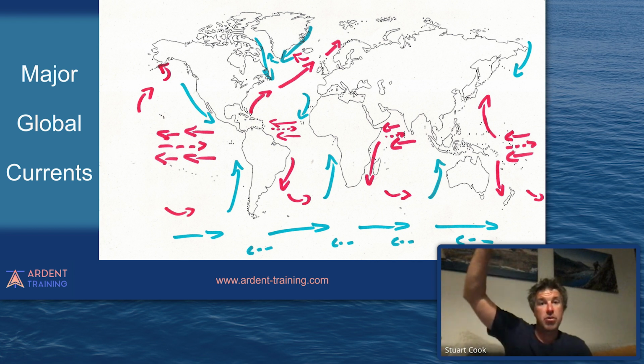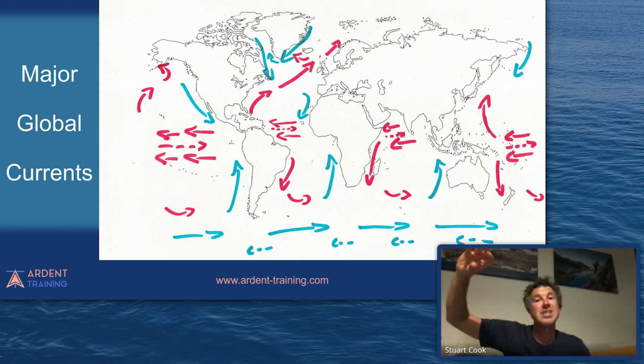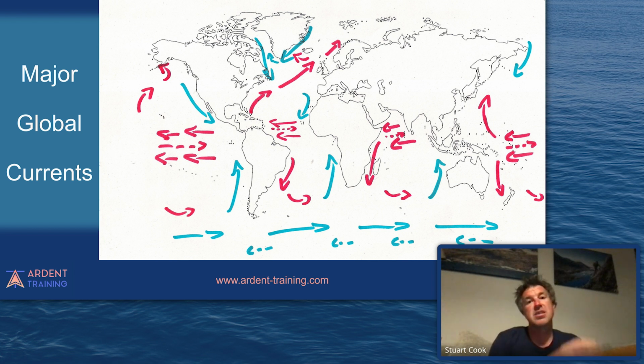Way up in the north, you've got that polar easterly coming down the eastern side of Greenland, and going all the way across the top of the North Atlantic, you've got that westerly airflow as well. So all of the ocean currents are getting driven by the winds.